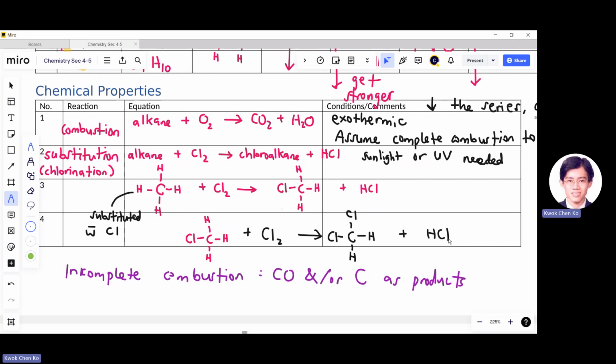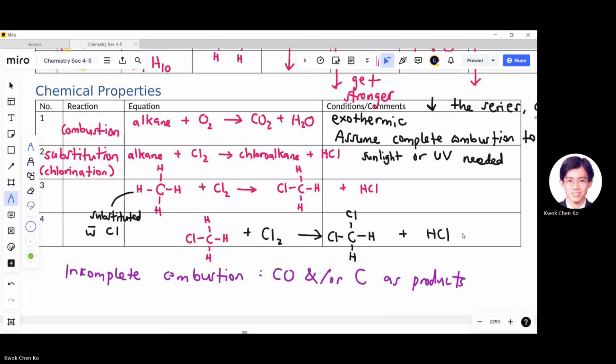It's possible. Okay, it may substitute again, as long as you have some remaining Cl2. Of course, you still need sunlight and UV. UV ray can be artificial, can be natural, it doesn't matter.